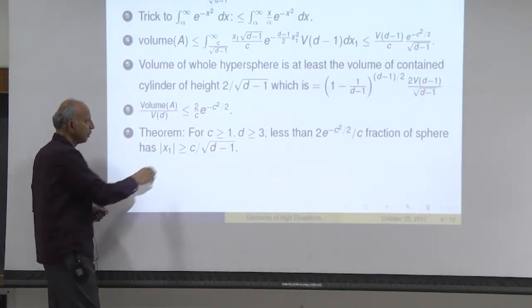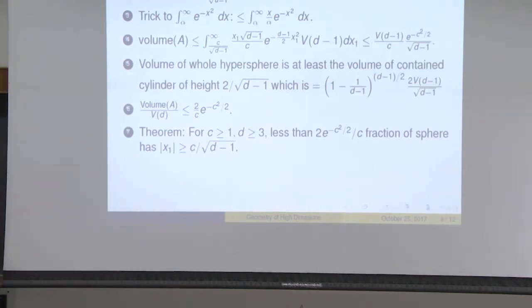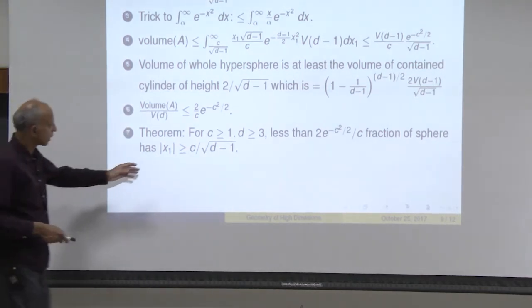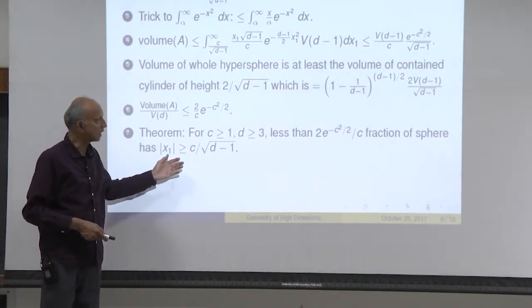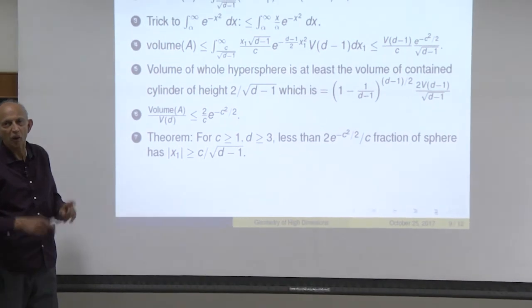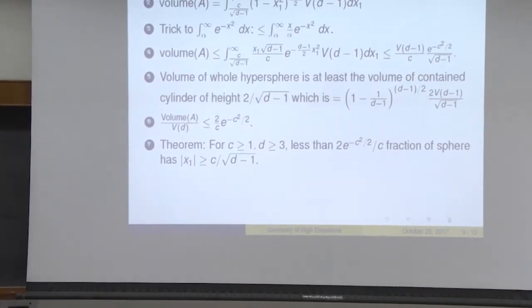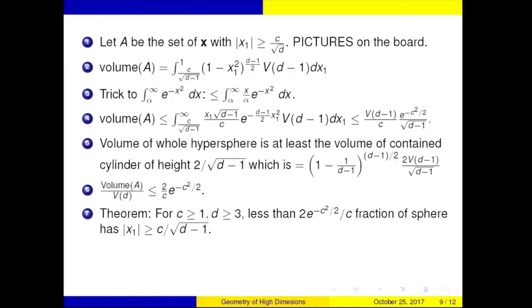I put down 1 over root d minus 1 here, which is about the same when d is large. So the probability that it is greater than that falls off exponentially with c. All of these things will be exponential falls. Tails will be very well behaved. Again, please do check all the details.